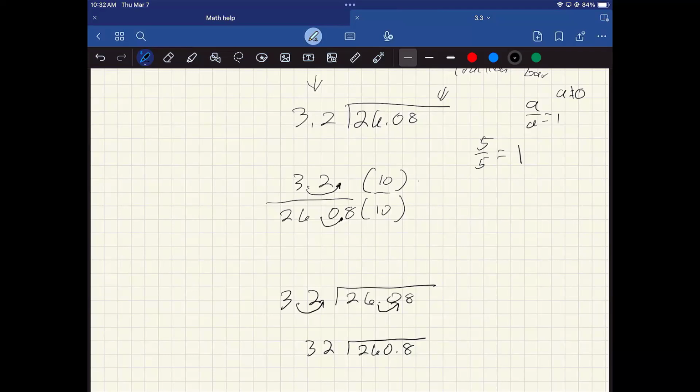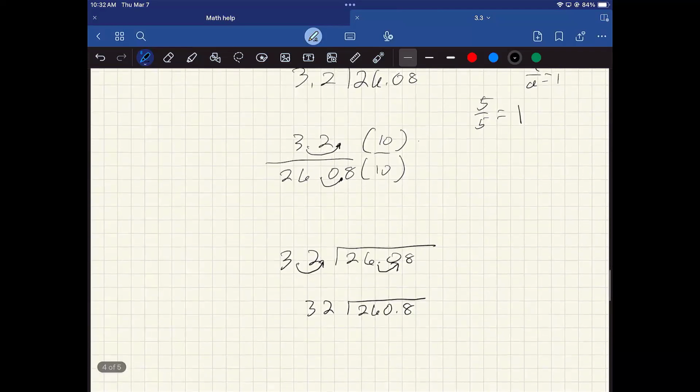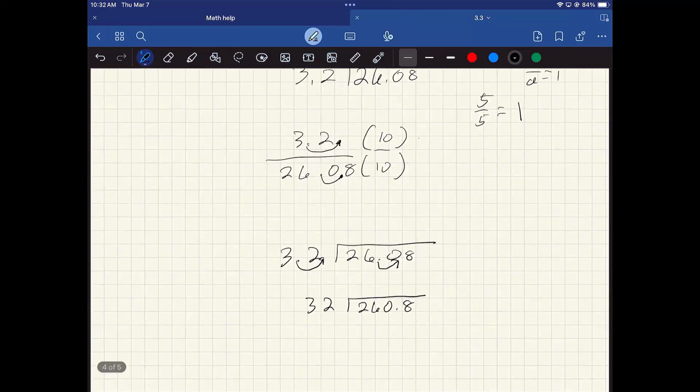So, I know I get a little too excited by math. I'm sorry. All right, so when I do this kind of math, I'm going to look at this and say, okay, 32 will go into 26 0 times. Fine. 32 will go into 260. Not sure. So I'm going to say to myself, hey, brain, look at this. That's a 32, so it's closer to 30. How many times will 30 go into 26?